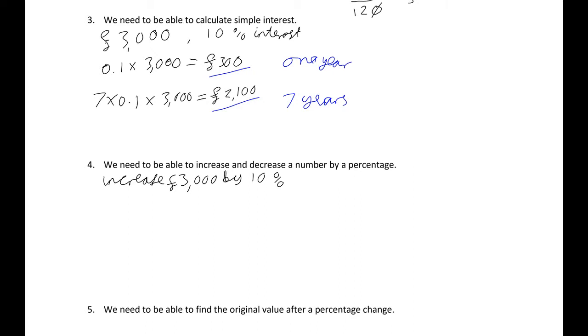So, if we're going to increase by 10%, we're going to have our original and 10% more. We're then going to have 100, our original, plus 10, 110%. So we change 110% into decimals, and now we're going to do 3,000 increase by 10% times 1.1.